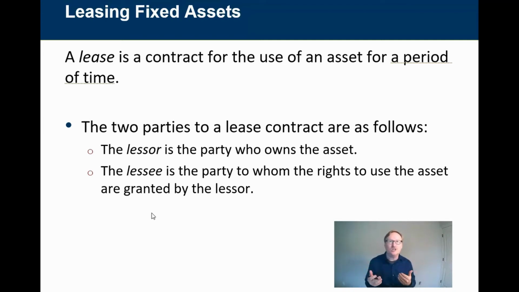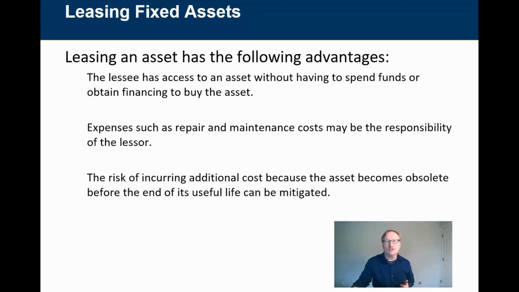I cannot depreciate the building because it belongs to someone else. And so really where they're going with this is that a lease is an expense. You pay the lease for the time period that you are under contract.